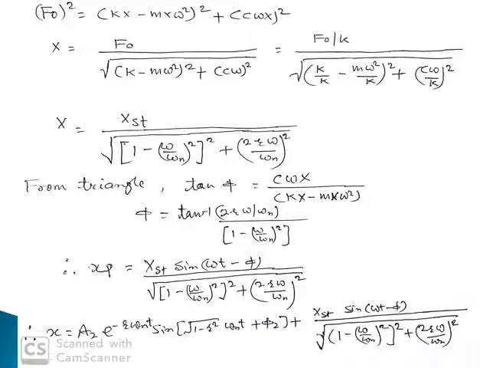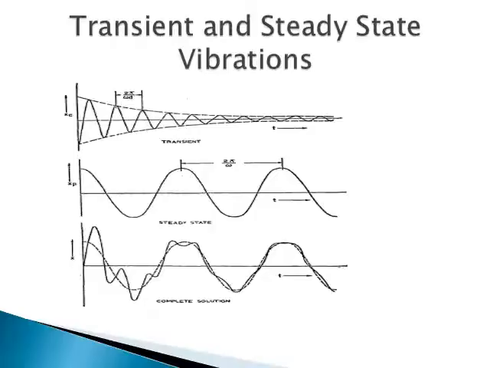This is the exponentially decaying part, and this part is x static sine (omega t minus phi) divided by this factor. This is the complete solution for excitation by F0 sine omega t, forced vibration. And this is the diagram.